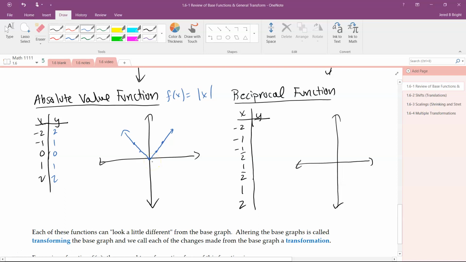Reciprocal function. Now this one could give you a little bit of grief, mainly because you might not think to call it this. You might want to call it the inverse, and I understand, but inverse function is something very specific in math, which we'll get to later. So reciprocal function, f of x equals 1 over x. This is going to be -1/2, -1, -2, because you're doing the reciprocal, and then 2, 1, 1/2.